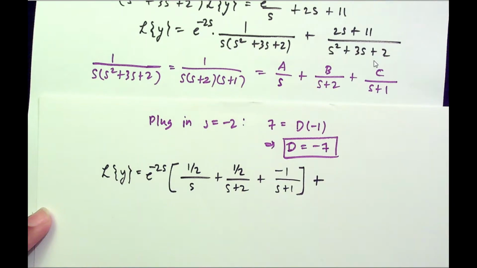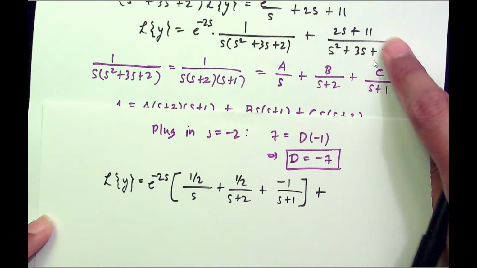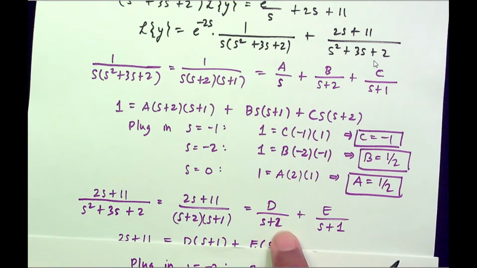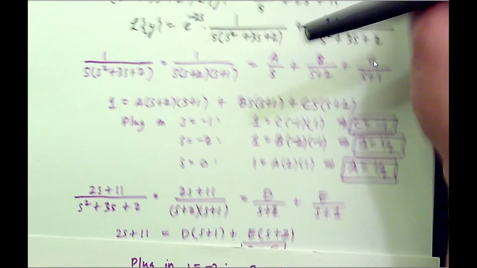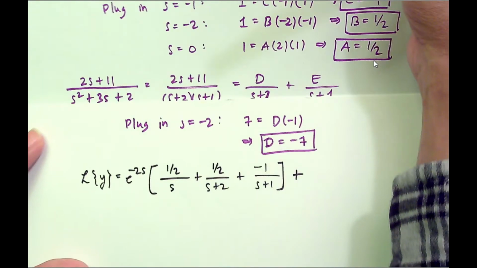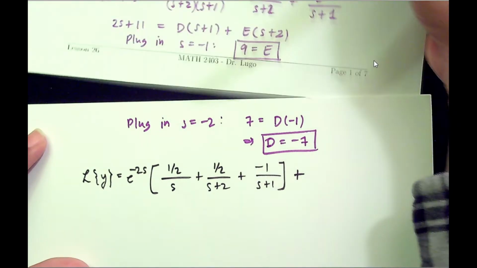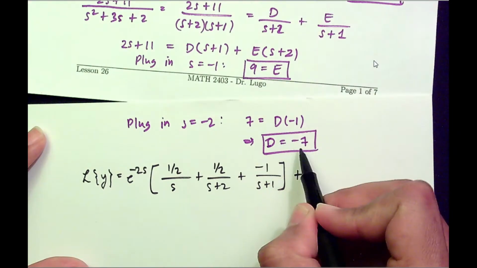Plus, now the decomposition of this one, which we have right here. It is d over this plus e over that, and we found what both d and e are. So plus d is -7.